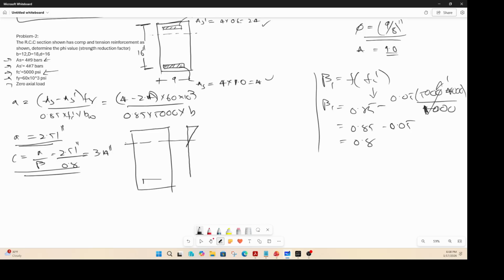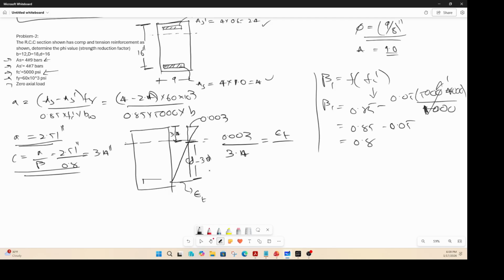So for a small strain in concrete, even if it is 0.003, you might end up seeing decent strain in your steel. Okay, so I want to calculate the strain in steel, and that would be using similar triangles again. So from here to here, that value is 3.14. So 0.003 by 3.14 is equal to epsilon t by this distance from here to here, that is d minus 3.14.